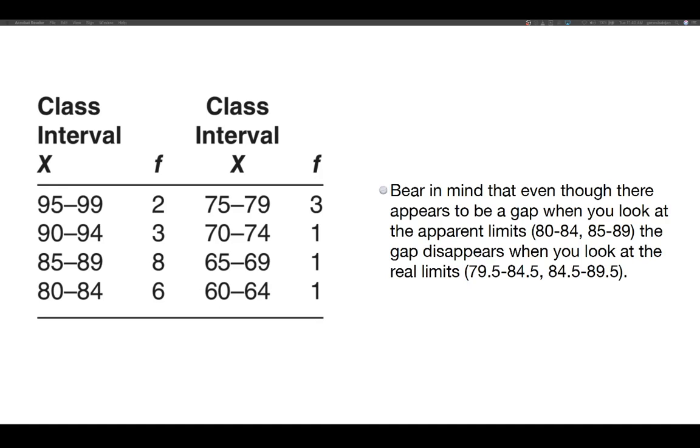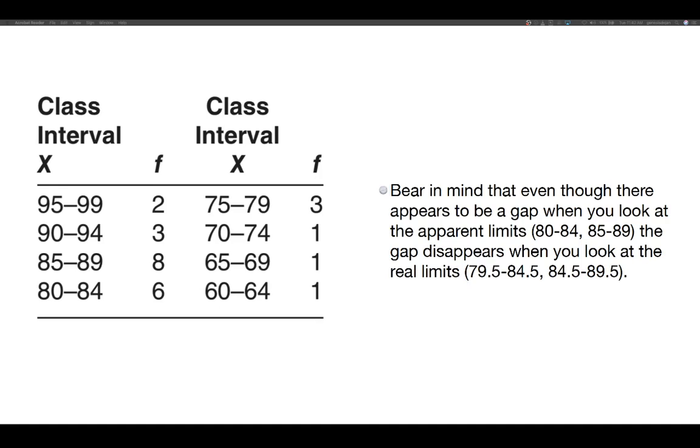Remember, in our previous discussion and example, if we are dealing with the upper apparent limit, like in the case of the class interval 80 to 84, 84 is the upper apparent limit, and we only have to add 0.5, if we are dealing with a continuous variable, to also have 84.5 as the upper real limit.